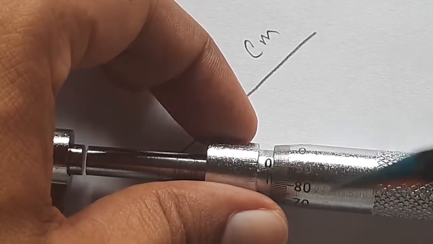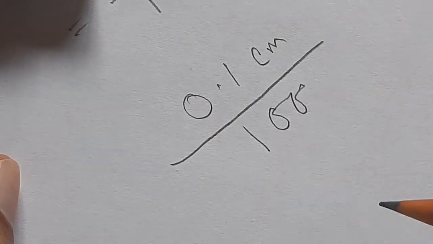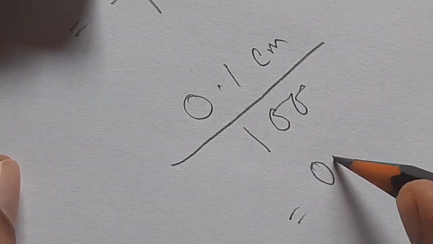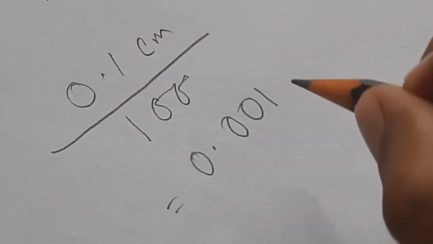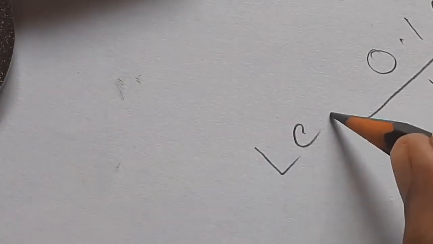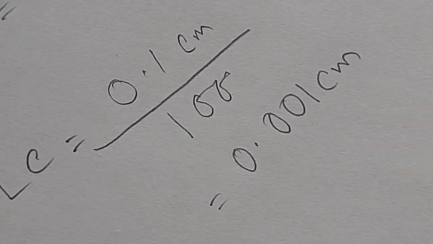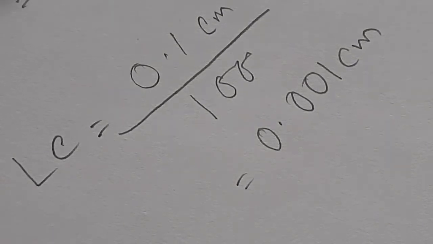So total 100 divisions are there. So 0.1 divided by 100 means 0.001 centimeter. So this is the least count, LC equals 0.001 centimeter. So pitch and LC we got.